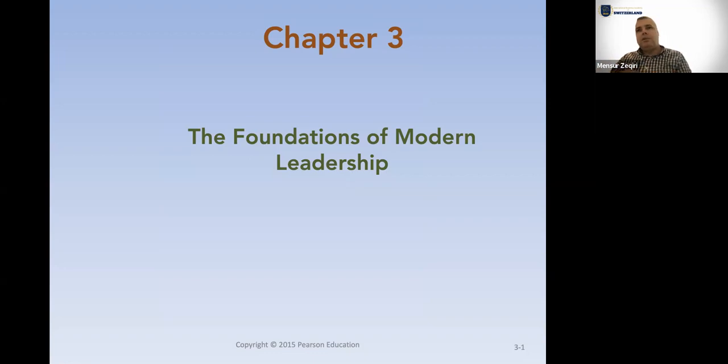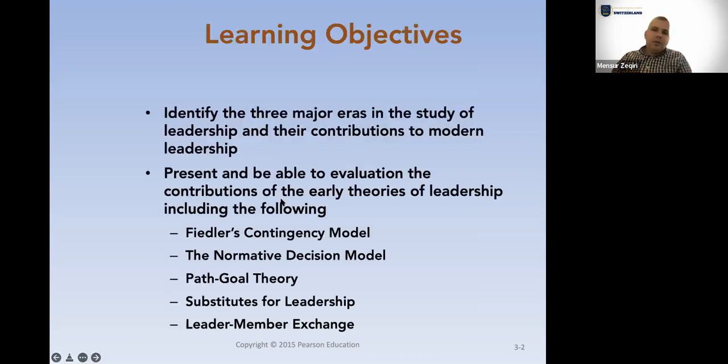And then we will move to discussing some of the early theories of leadership. We'll talk about Fiedler's contingency model, the normative decision model, the path-goal theory, substitutes for leadership, and the leader-member exchange theory as well. So this is mainly what we will be discussing today.